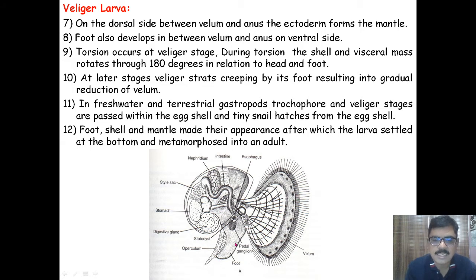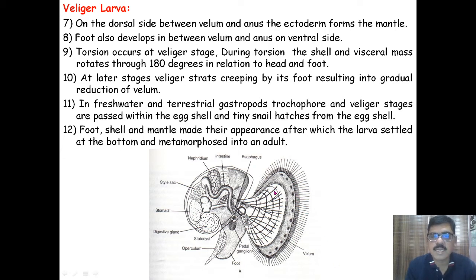This is the head and this is the foot. The visceral mass rotates 180 degrees in relation to the head and foot portion. At later stages, this veliger starts creeping by its foot, resulting in the gradual reduction of the velum.